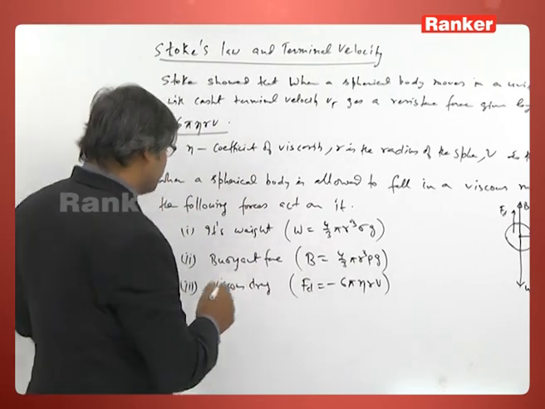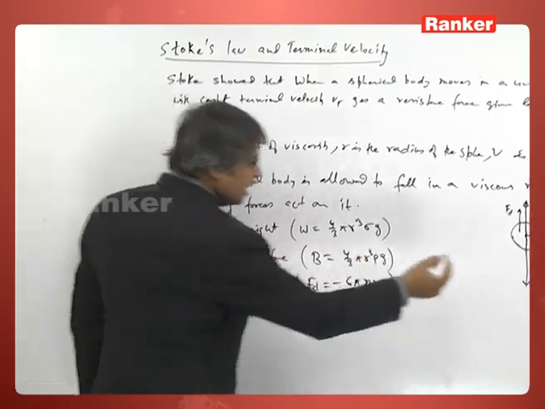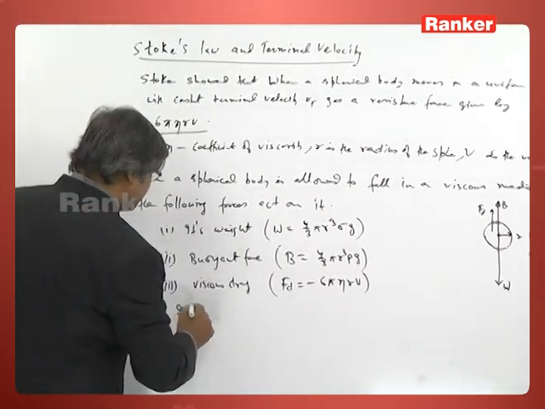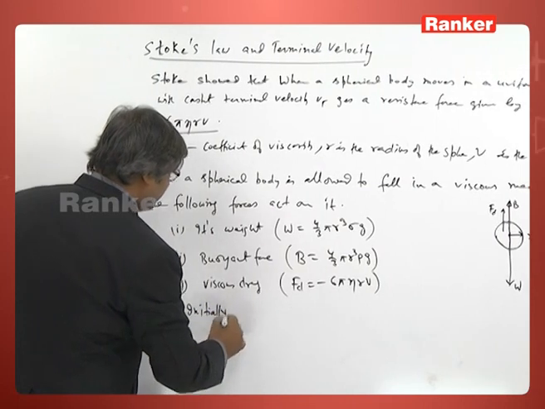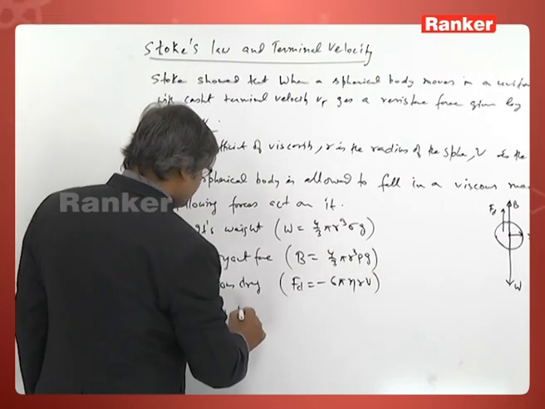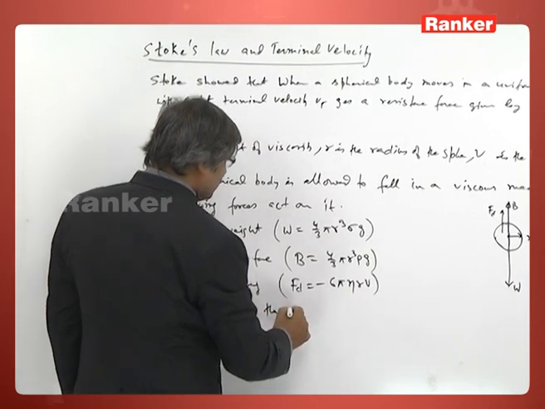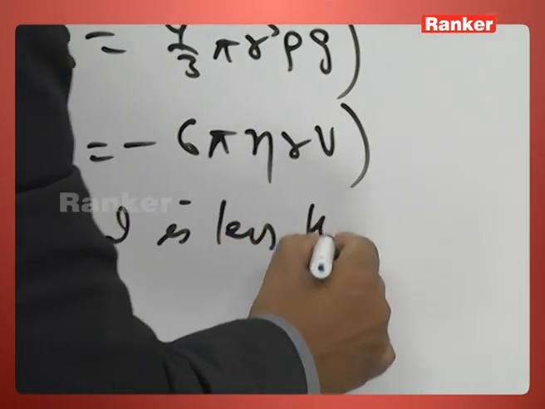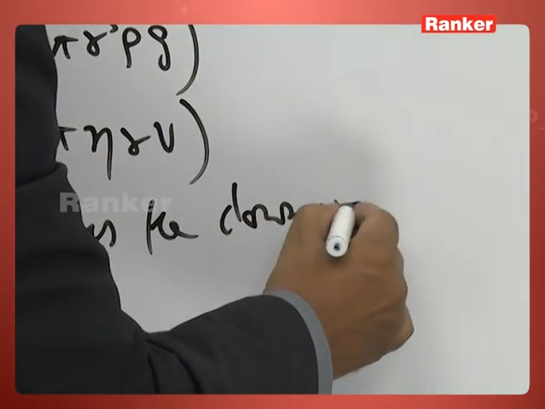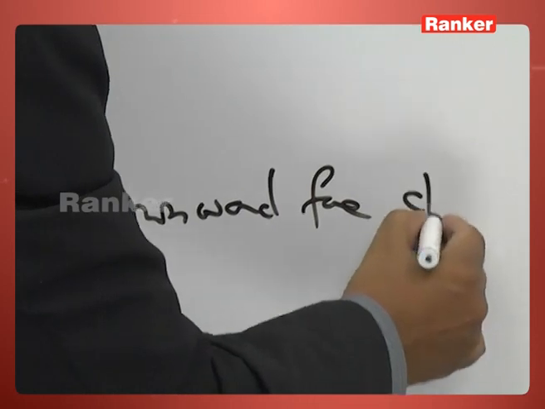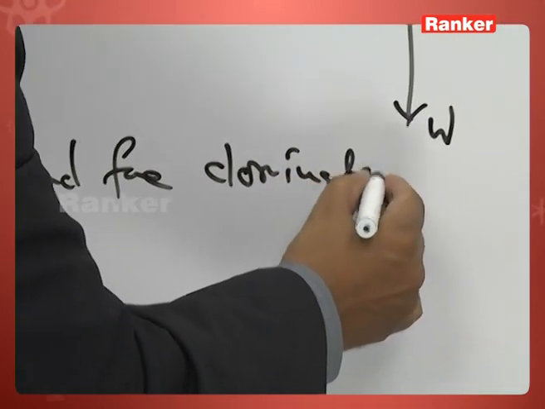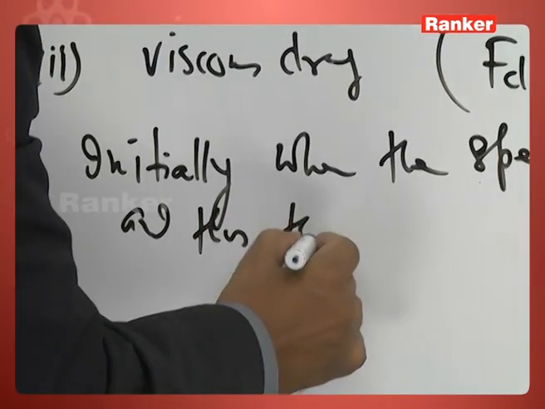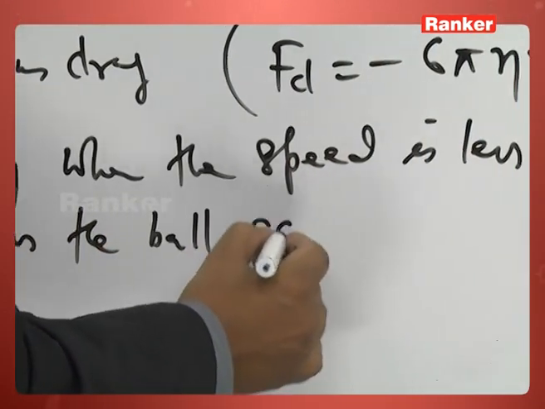Now what happens? Initially, when the speed is less, the downward force dominates, and thus the ball accelerates down.